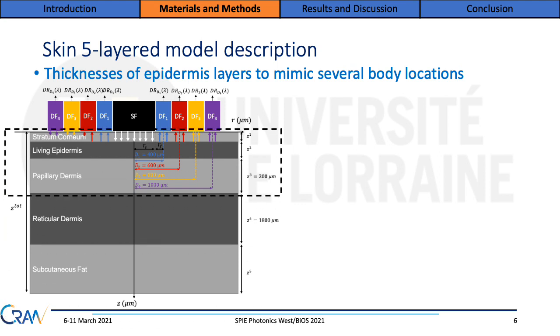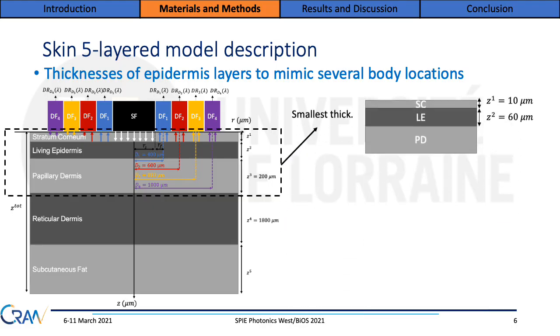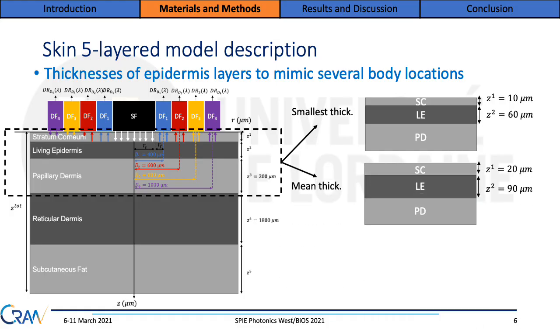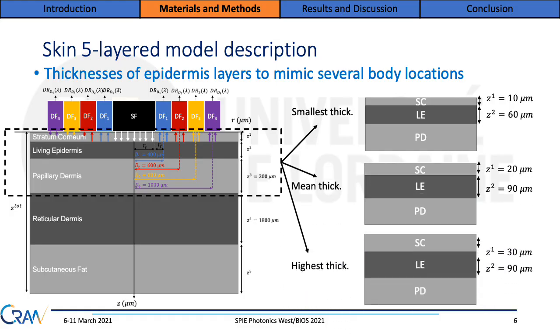To consider the epidermal thickness variation between body sites, we chose to offer 3 models corresponding respectively to a thin, a median, and a thick value of the epidermal thickness, made of stratum corneum and living epidermis in our model.